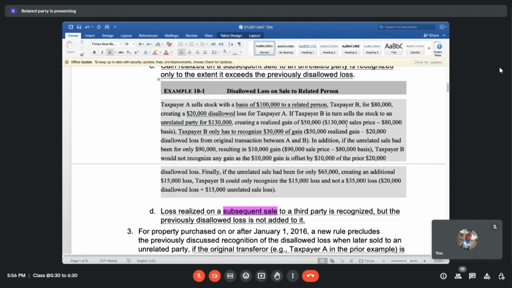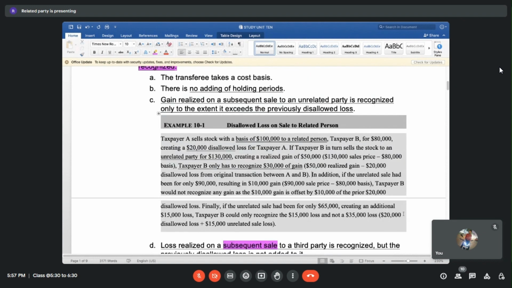In addition, if the unrelated sale had been only for 90,000, resulting in 10,000 gain. So it's basically 90,000 minus 80,000, the basis of Taxpayer B. Taxpayer would not recognize any gain, as the 10,000 gain is offset by 10,000 of the prior 20,000.